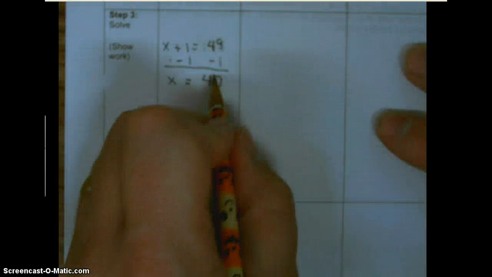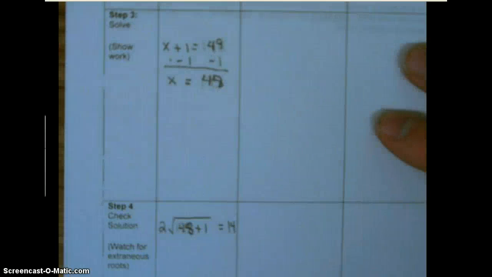That's a 49, and that's a 48. So it's 48 plus 1. So 48 plus 1 is 49. Square root of 49 is 7. 7 times 2 is 14, and that works out just fine. Okay, go ahead and you try number 2.